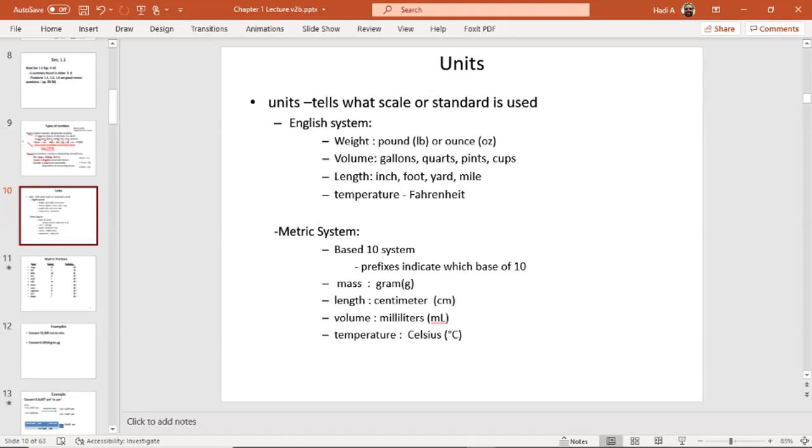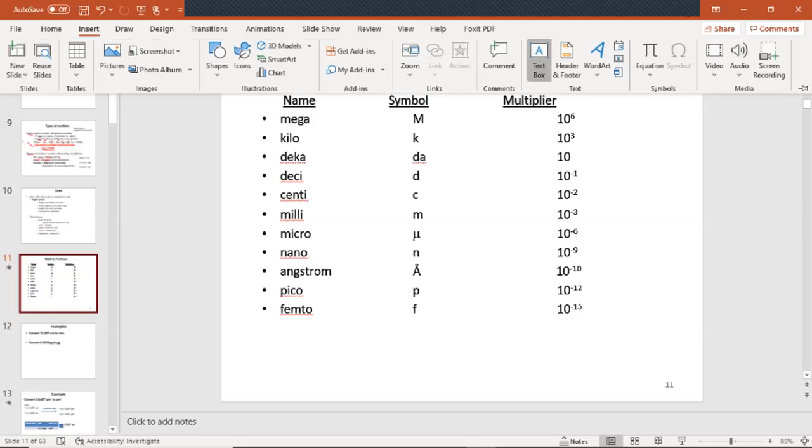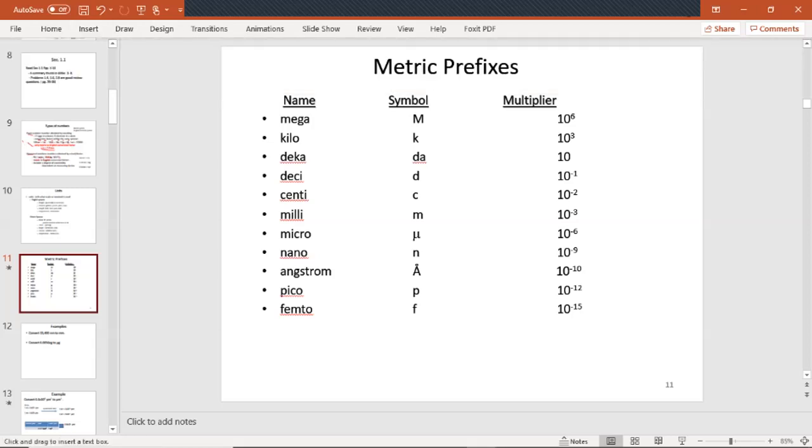So these are the two different types of measuring systems. Now for the metric prefixes, there's quite a few of them, so you should be able to correlate the prefix to its multiplier. Let me show you how we do that. When we say kilo is 10 to the third, if we use meter, we say 1 kilometer is 10 to the third meters.